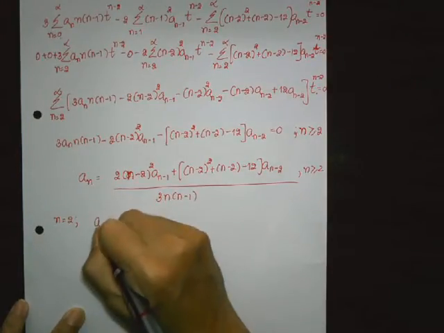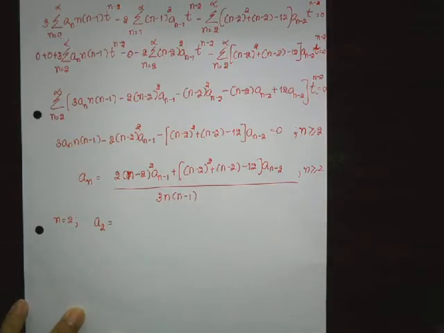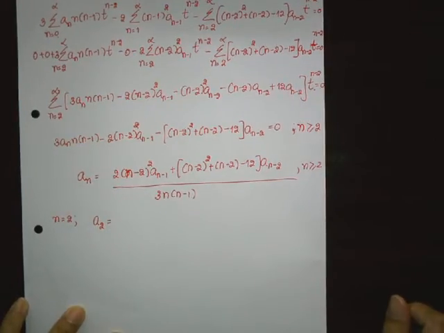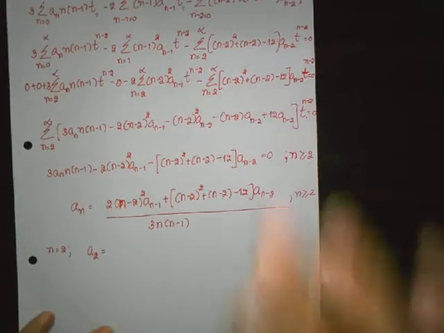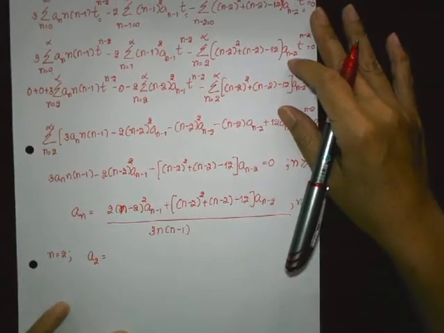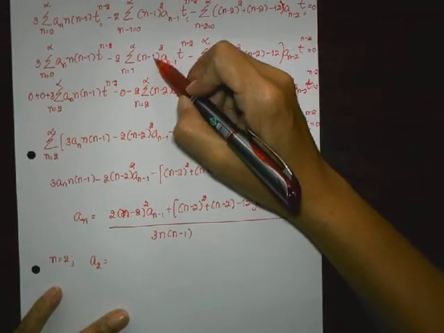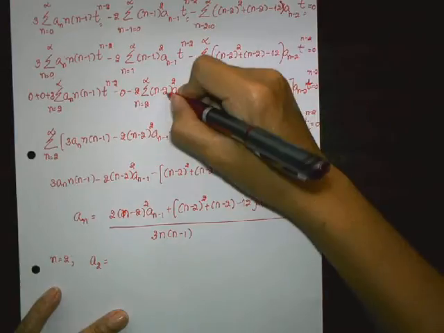We got a2 equal to what? Oops. Did I do it wrong, right? This one is minus 1. And then this one has to be minus 1.